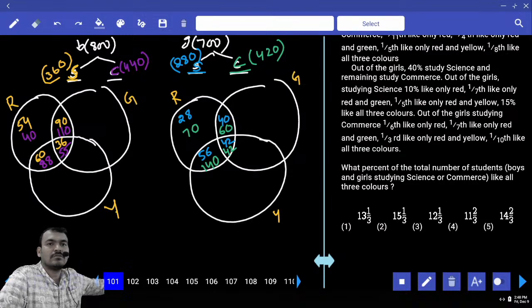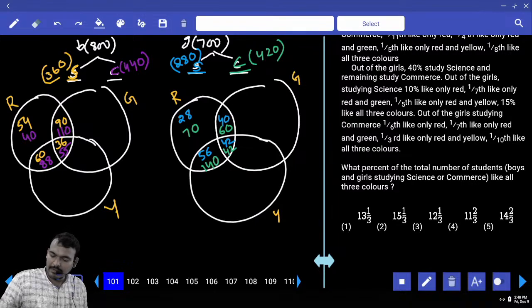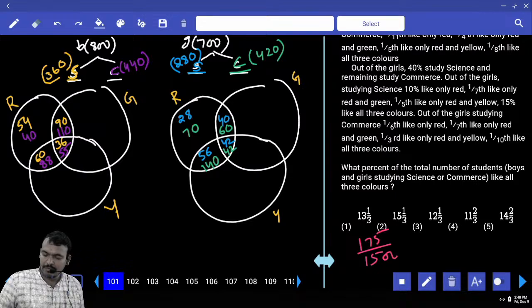How much? 91. Girls case 84. 91 plus 84 is 175. 175 upon which one? 1500. 175 by 1500 into 100. Zeros are cancelled.